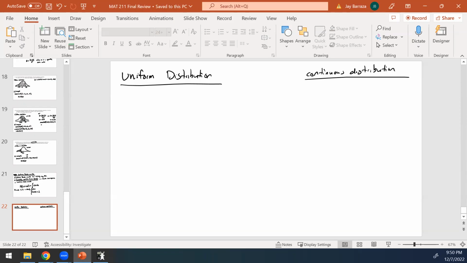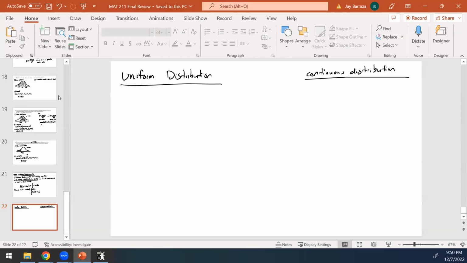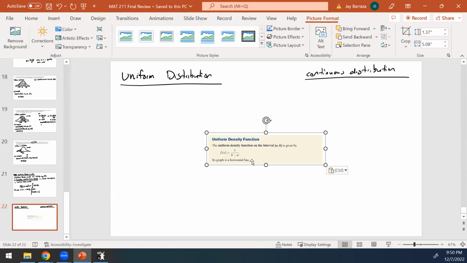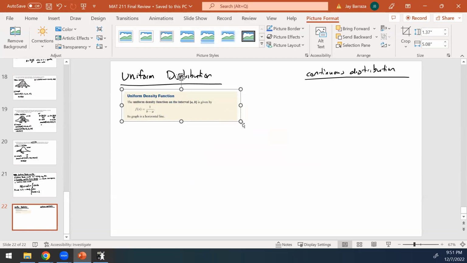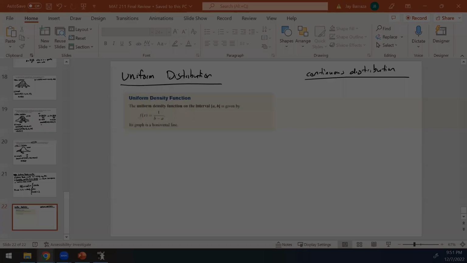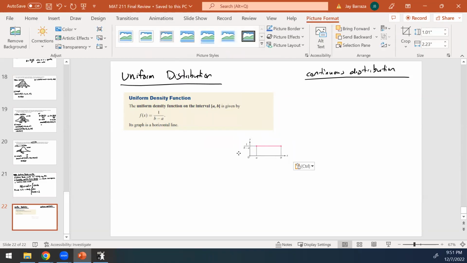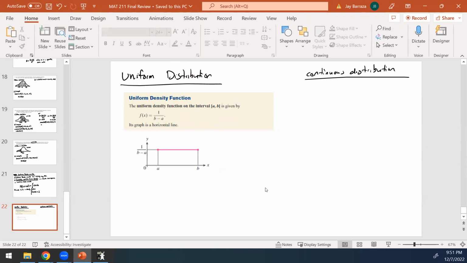So the uniform density function, I'm just going to copy and paste this from the textbook. The uniform density function over the interval a to b is given by f of x equals 1 over b minus a. The graph is going to be a rectangle. That's how you know it's a uniform rectangle. The height is 1 over b minus a, and the length is b minus a.